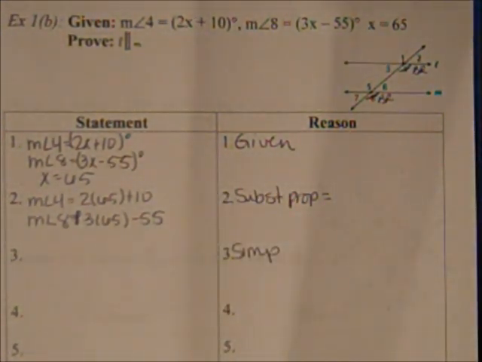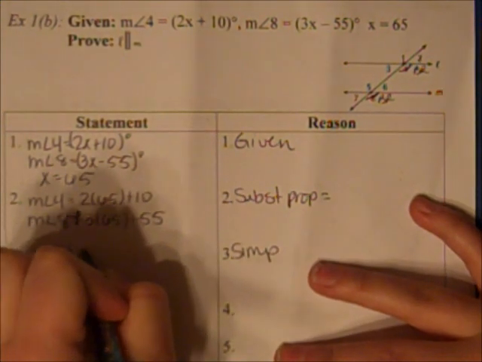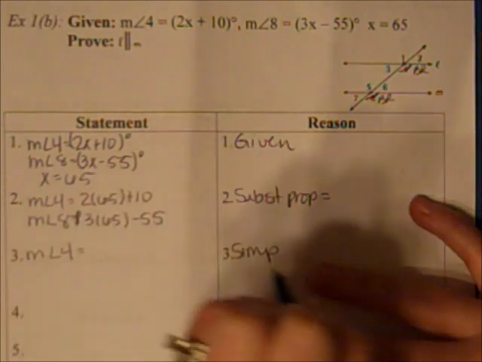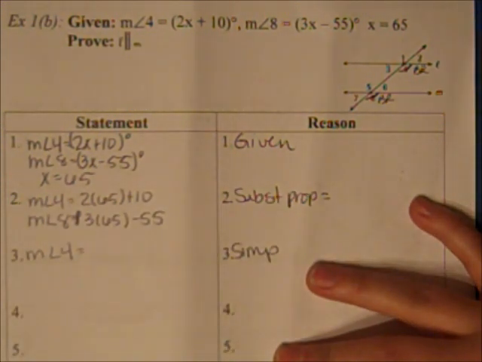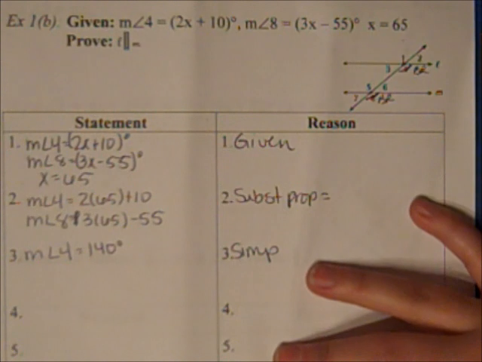Remember, you're not multiplying because you're not doing it to each side of the equation. You're just doing it to one side of the equation. So go ahead and tap that in your calculator. For measure of angle 4, I don't think I tapped that right. Hold on, let me try again. 2 times 65 plus 10. It is 140 degrees.